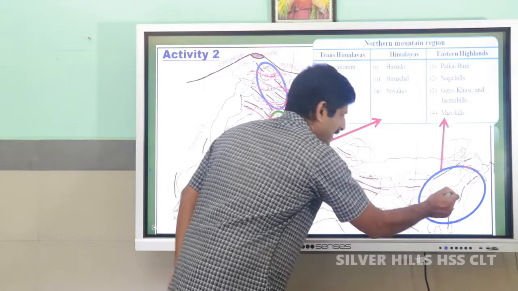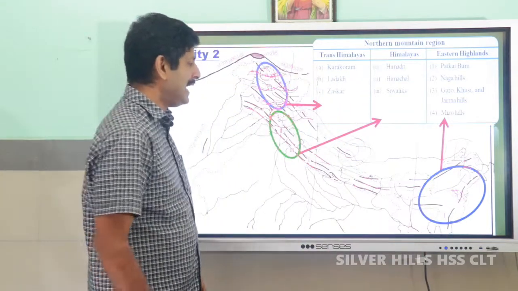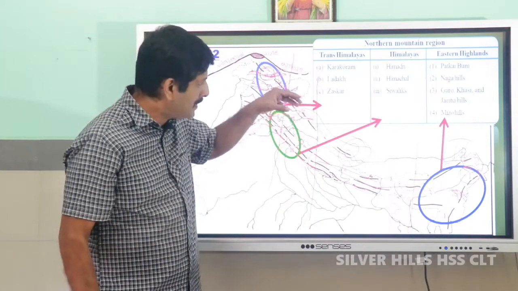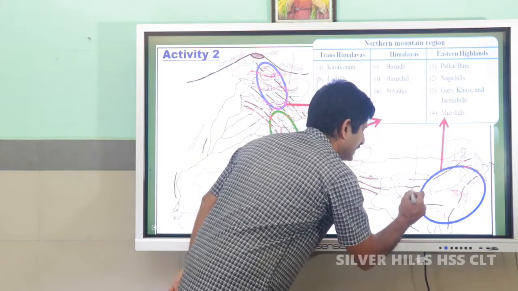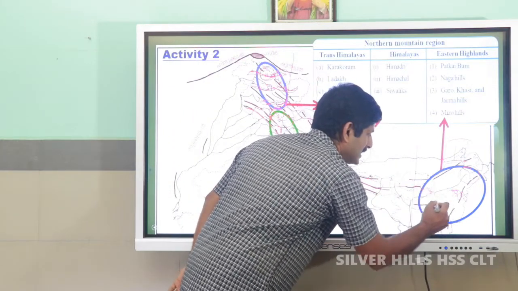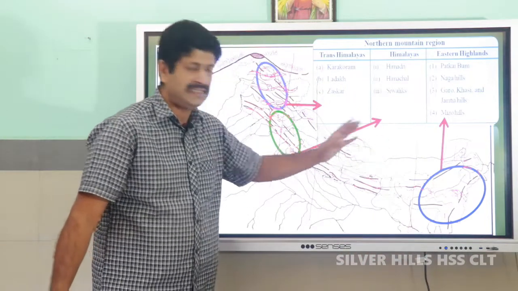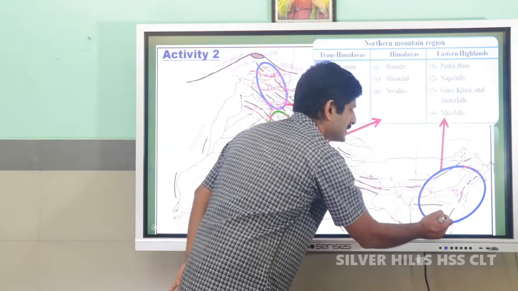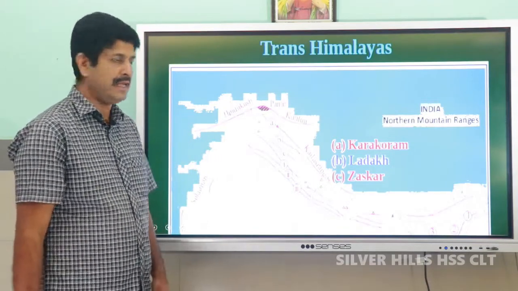Then the second one is the Naga Hills. Then the third one comprises 3 important mountains: the Garo, Khasi and Jaintia hills. And the fourth one is the Mizo hills. This is all about Himalaya.